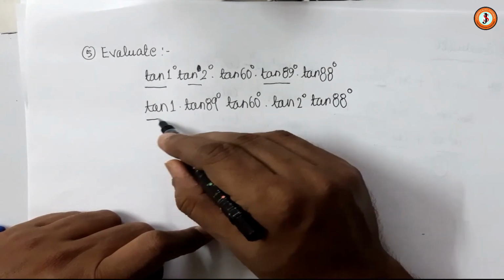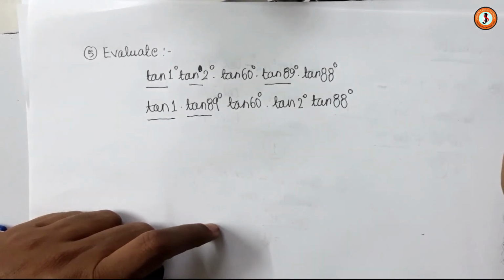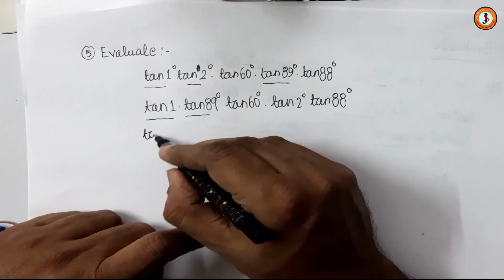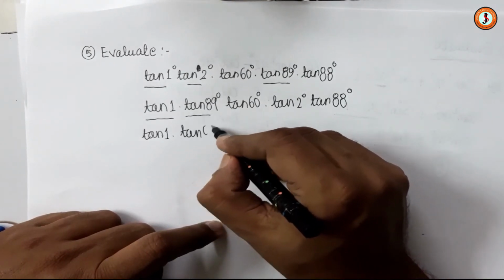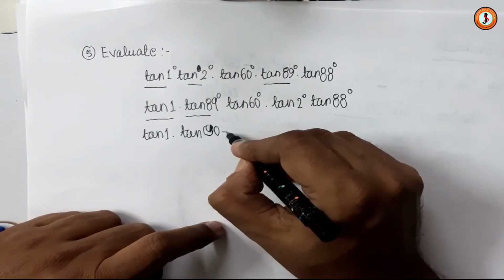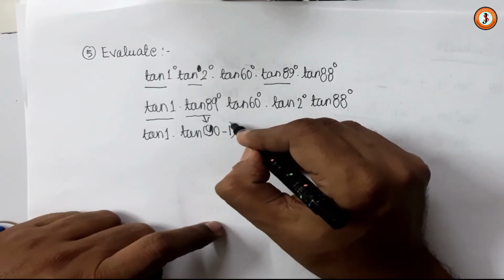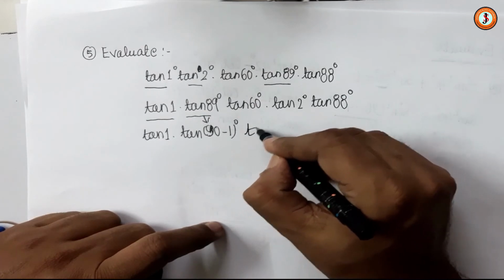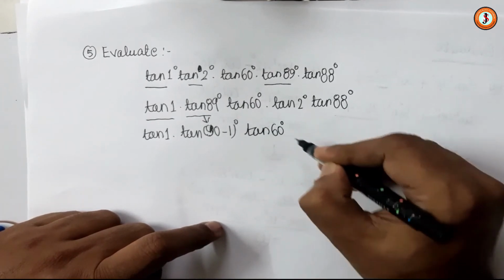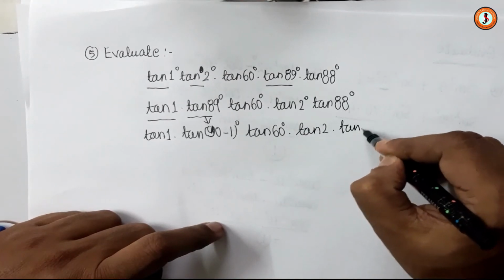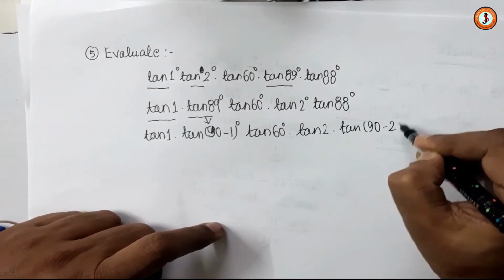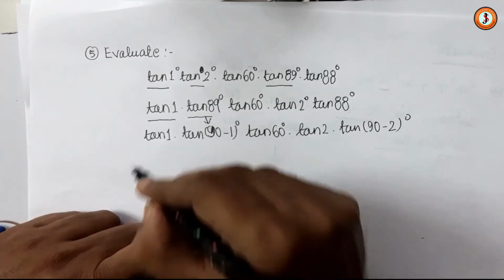Now see what will happen. Tan 1 and tan 89. So tan 1 and tan 89 can be written as tan 90 degree minus 1. So I have changed the angle only. Tan 60 remains like that. Now here tan 2 and tan 88 can be written as tan 90 minus 2, because 90 minus 2 is 88.